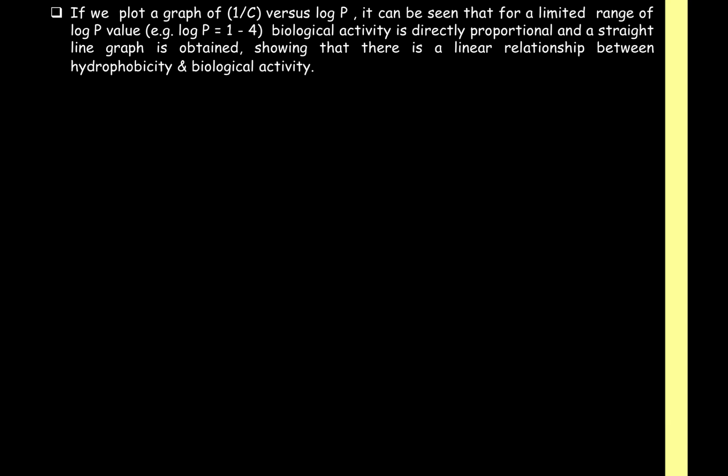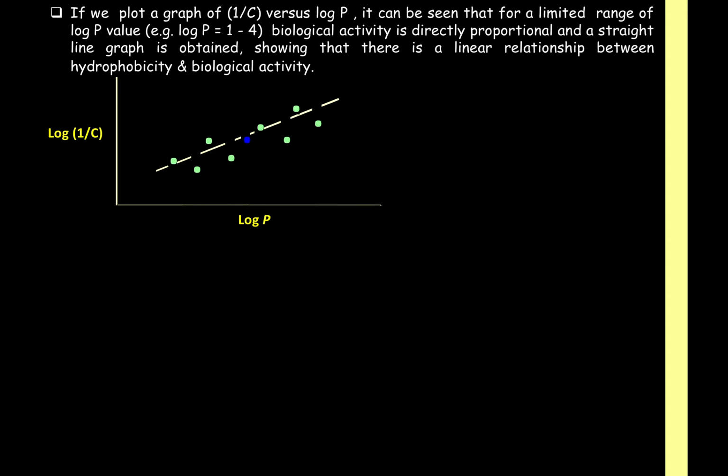Now if you plot the graph of 1 upon concentration, that is the expression of biological activity, versus log P, that is the expression of the lipophilicity, it can be seen that for a limited range of log P values, say 1 to 4, you will get a direct proportionality and a straight line graph, showing a perfectly linear relationship between the hydrophobicity and biological activity.